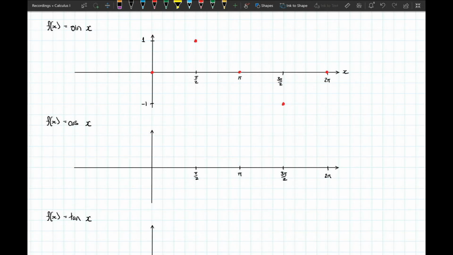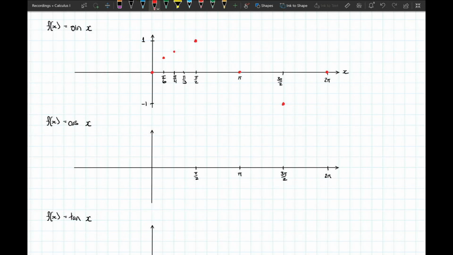Now we can also use the special triangle. In quadrant 1, we should also have pi over 4, pi over 6, and pi over 3. And remember that sine of pi over 6 is a half. Sine of pi over 4 is root 2 over 2, or 1 over root 2.